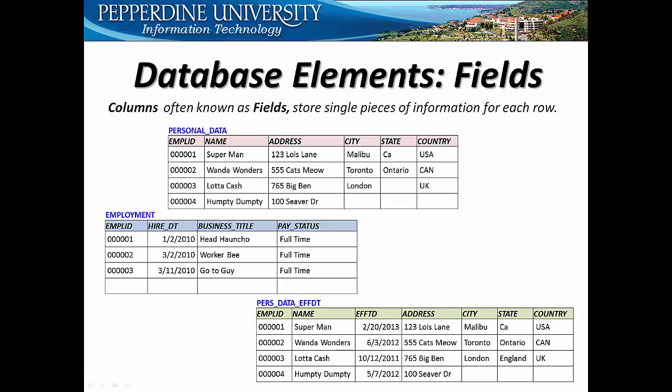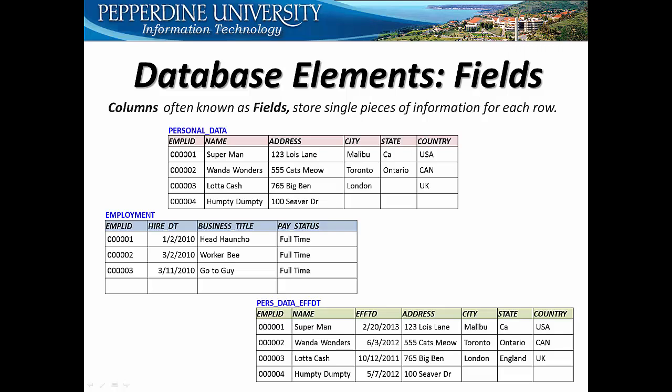These fields will exist for any row in the record, but may or may not actually have a value. Fields are the basic building blocks of records in PeopleSoft. And as a side note, a field can be of the following types of data: a character, a number, a date, time, and so on.